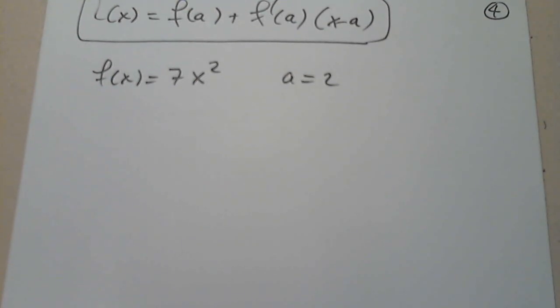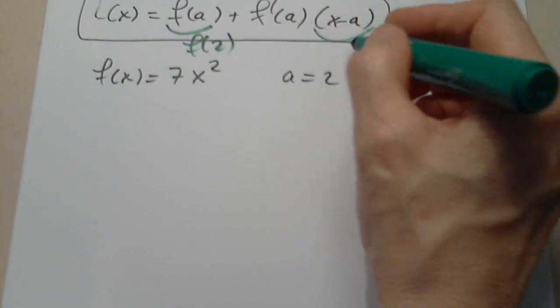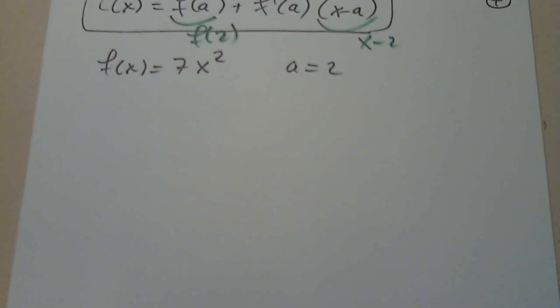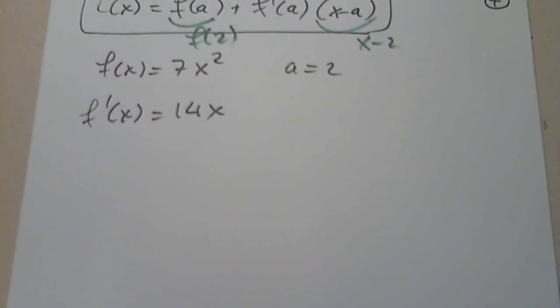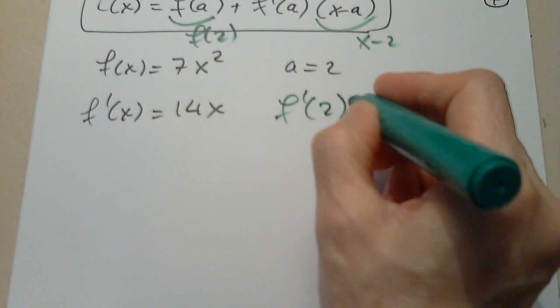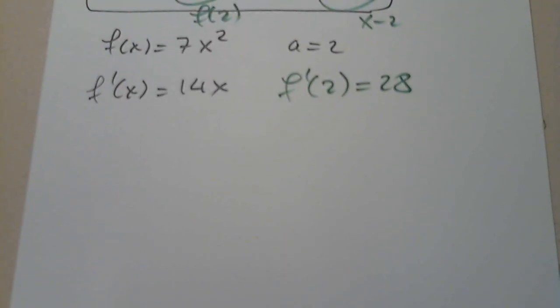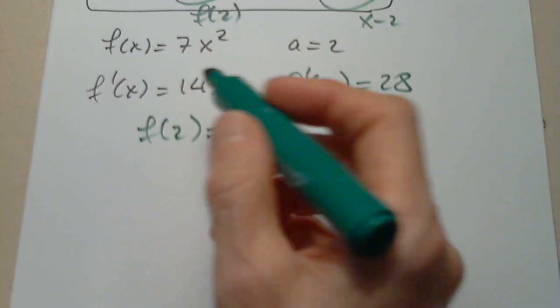So obviously I have a lot of information already. This is f of 2. This is x minus 2. And I have to find f prime and plug in 2 as well. So f prime of x equals 14x, and f prime of 2 equals 28. F of 2 is also 28, 7 times 4.